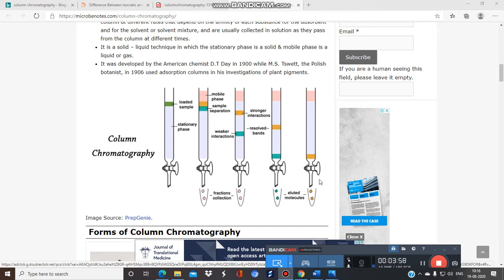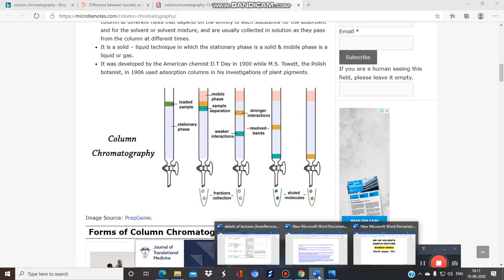But the yellow compound has greater affinity towards the stationary phase, or it is polar in nature. So we have to increase the polarity of this mobile phase, only then the yellow compound will elute, otherwise it will not elute, because it has a polar nature.